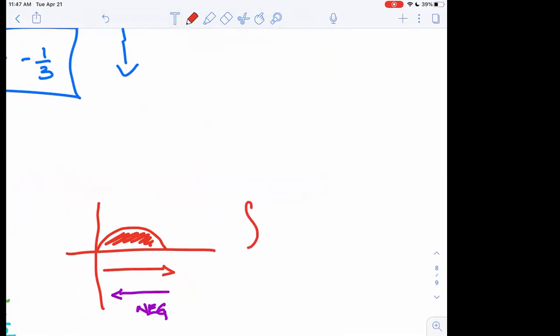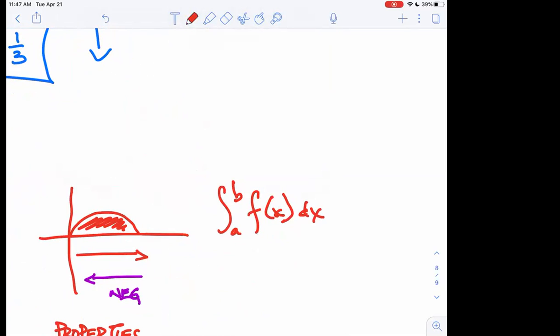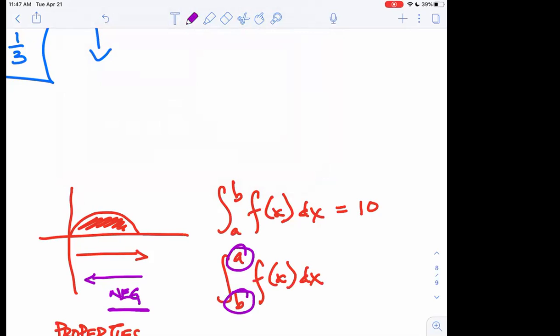If I go the integral from a to b of f of x dx, whatever that area is, let's say that equals, I don't know, 10. If I switch my bounds, b to a of f of x dx, that's the same thing as saying go in the other direction. That means that my area is now going to be negative. So if you switch the bounds, then you switch the sign of your area.